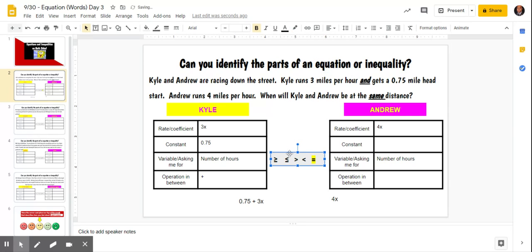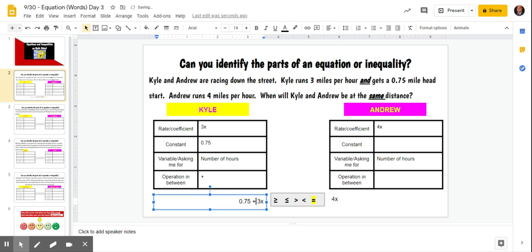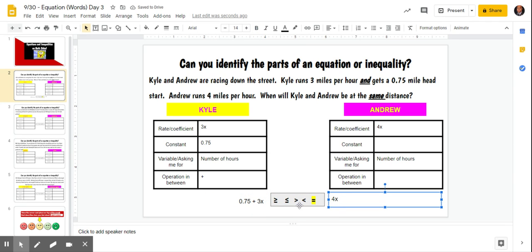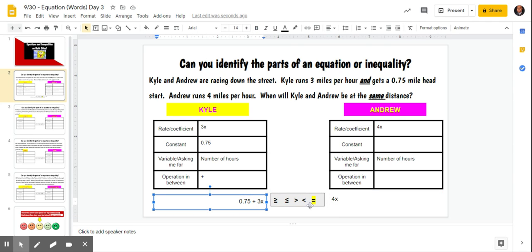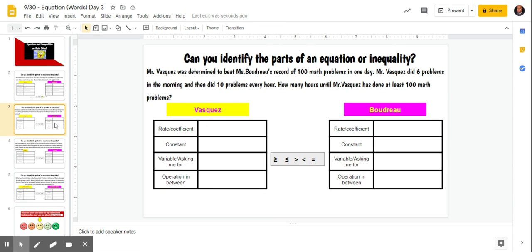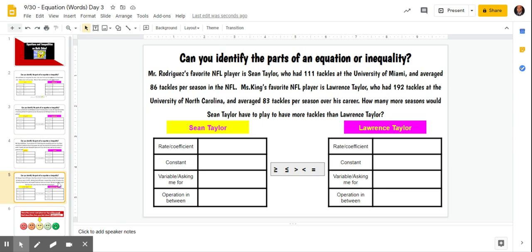So I know it's going to be equation. So we just created an equation. This step here that I showed at the bottom, you do not need to do. I just wanted you to see how it flows. Okay, so that this makes sense. That is what we're doing today. You're following the same procedures for slide 3, 4, and 5.